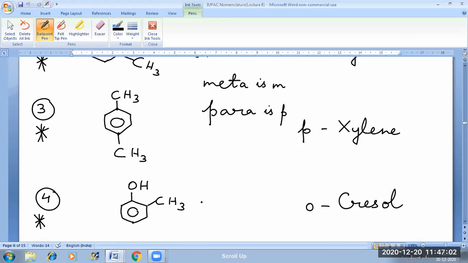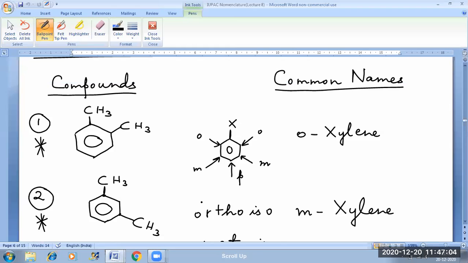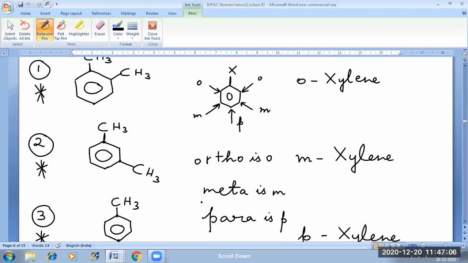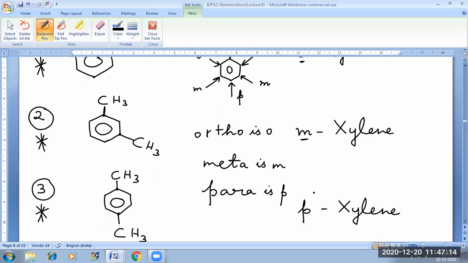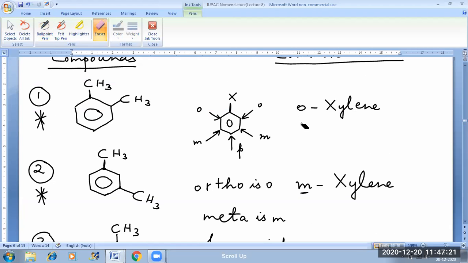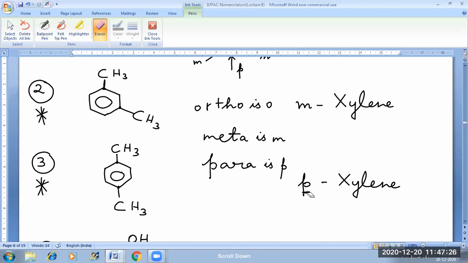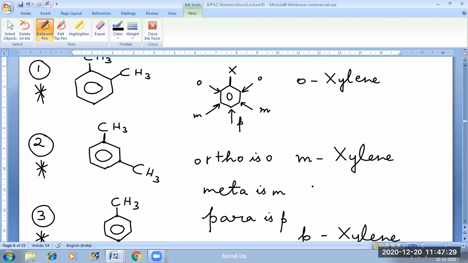Okay, now let's understand the meaning of this particular thing, the positions. The common names may use these letters O, M, and P, small o, small m, and small p. What is the meaning of each of these? Small o stands for ortho, small m stands for meta, and small p stands for para.